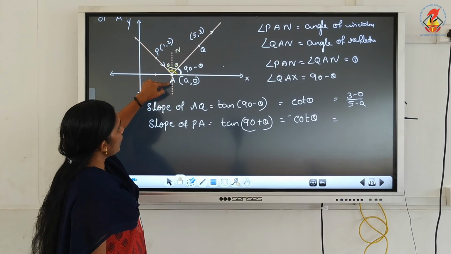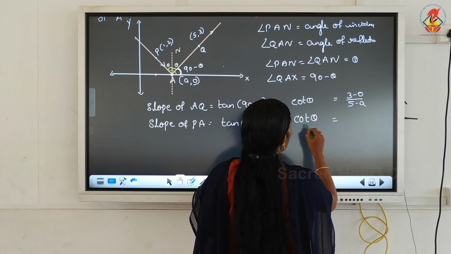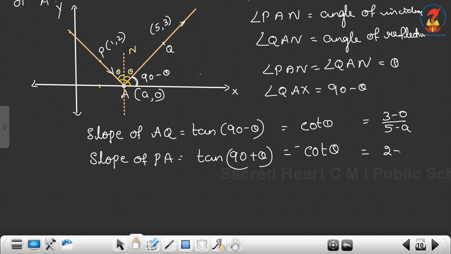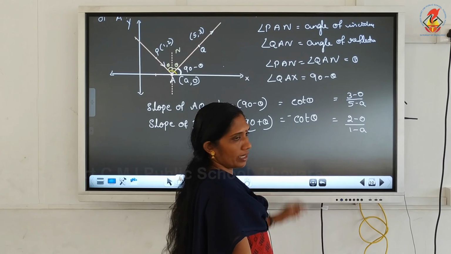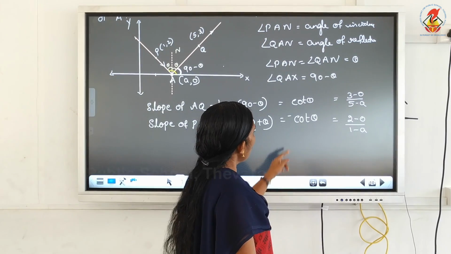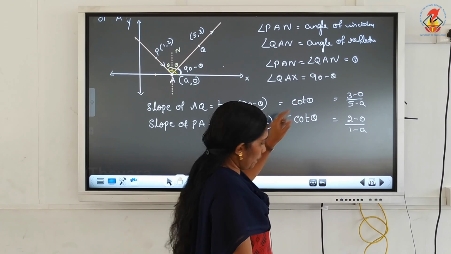P is 1, 2 and A is A, 0. What is the slope of that PA? Minus cot theta is the same as 2 minus 0 by 1 minus A. One is cot theta, one is minus cot theta.